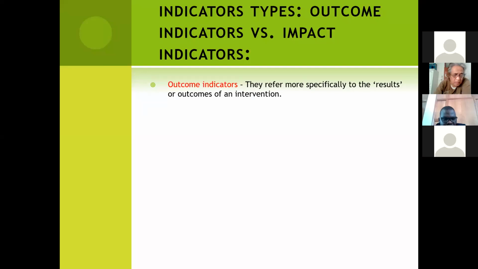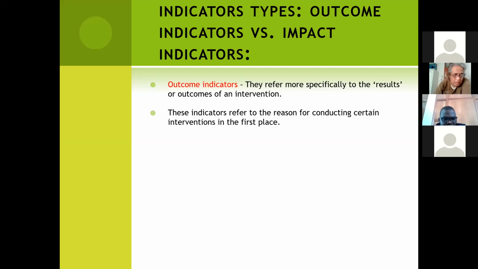In fact, a lot of people also refer to outcome indicators as results indicators, because when you talk about results indicators, we have two types: the outcome indicators and the impact indicators. And so these indicators refer to the reason for conducting certain interventions in the first place.